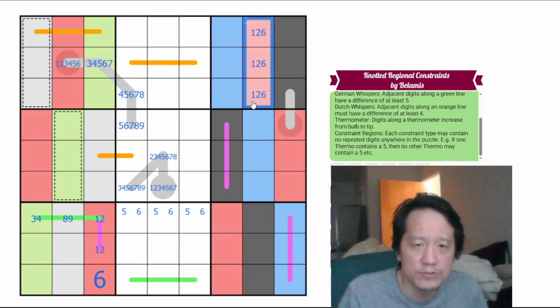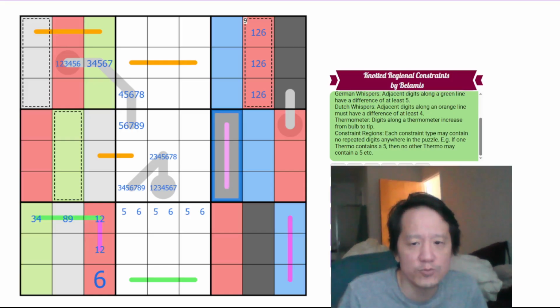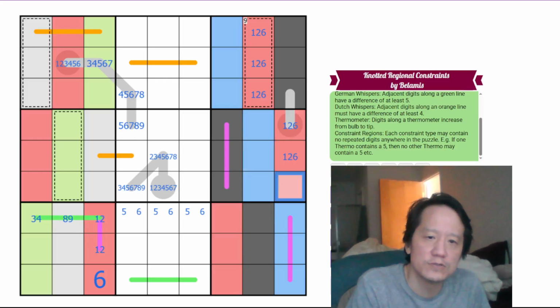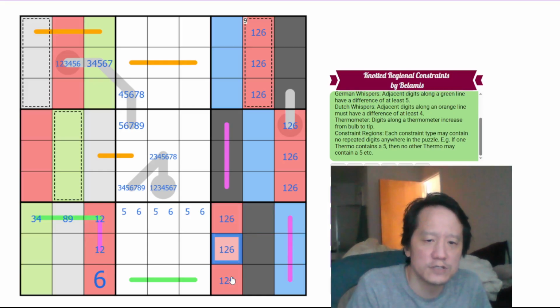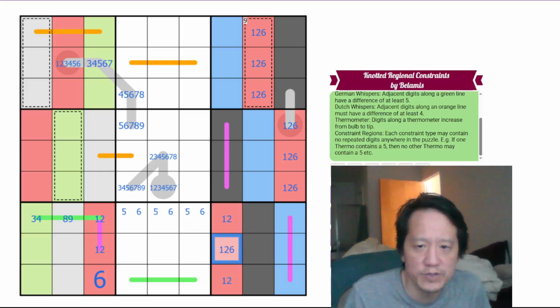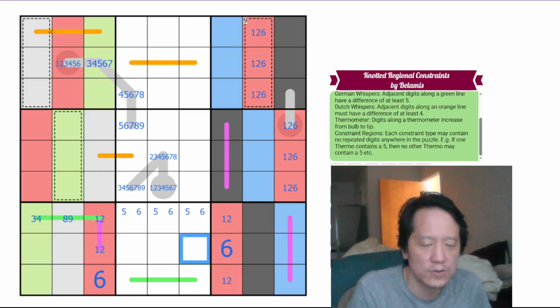This is a 1, 2, 6 triplet. That means one of these is 3, 4, 5. The other one is 7, 8, 9. So this is 1, 2, or 6. These are 1, 2, 6, and 6 cannot be here and cannot be here. So this must be a 6 here.